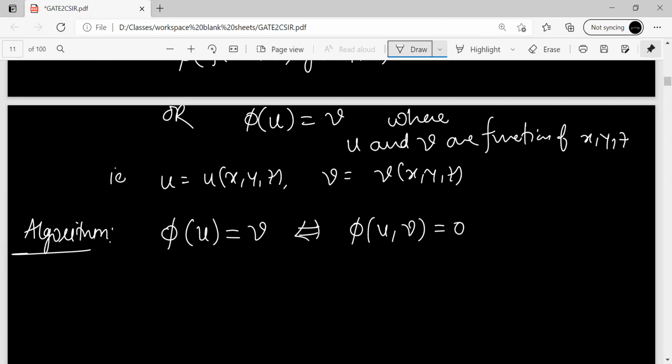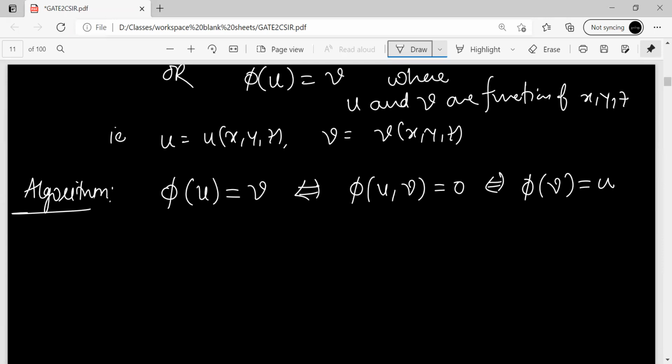These are the same. Phi of u comma v equal to 0, or phi of v equal to u. These three are equivalent. Whenever you get such kind of things, just solve this determinant.